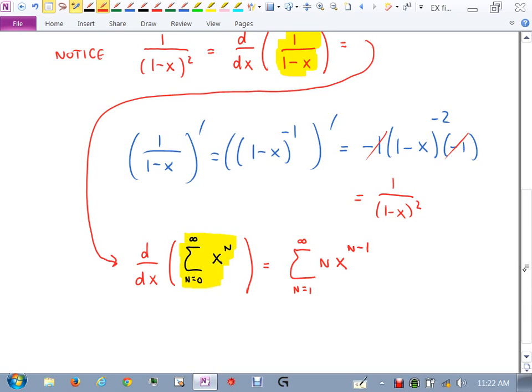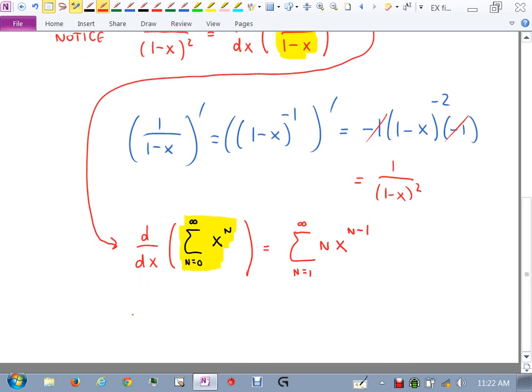Which, if we wanted to, we could write out the first few terms of this. This would be, let n be 1, you get what? If I plug in 1 for n, what do you get? 1, x to the 0, right? So just 1. Plug in 2, I get 2x to the first power, plus 3x to the second, plus blah, blah, blah.